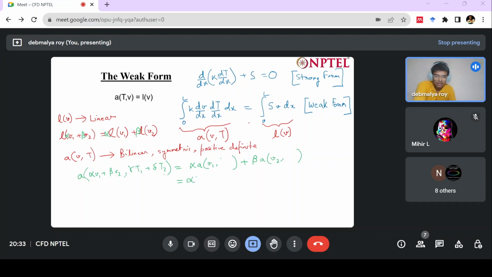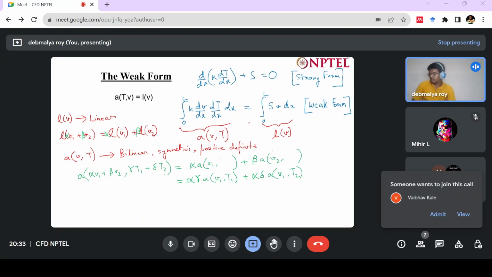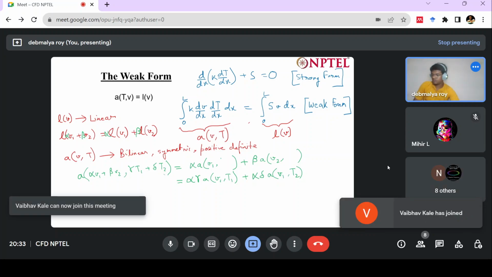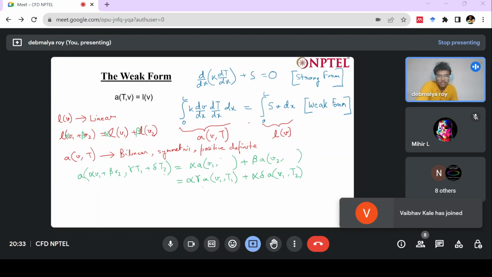So I can write this as alpha gamma a, this will be v1 comma t1. This is my first term. What is my second term? This will be alpha delta a v1 comma t2. Now I will break this second term as well.